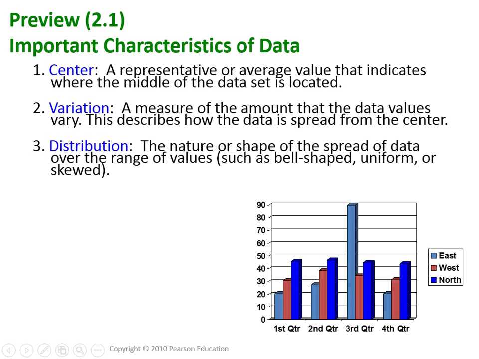A uniform distribution means, are all the values the same? If we had test scores and we had the same number of A's, B's, C's, D's, and F's, well, that would be a nice uniform distribution. More than likely, especially with test scores, a lot of times you get a skewed distribution.